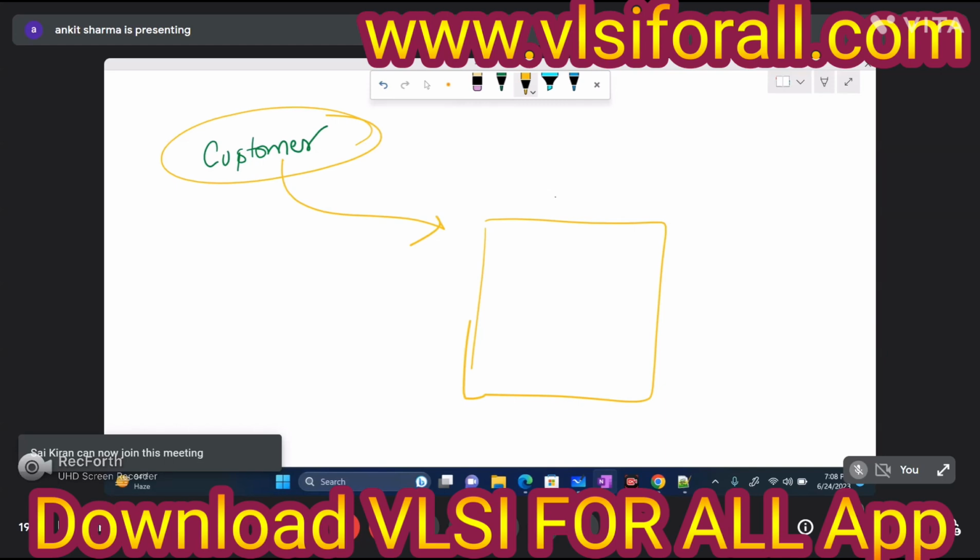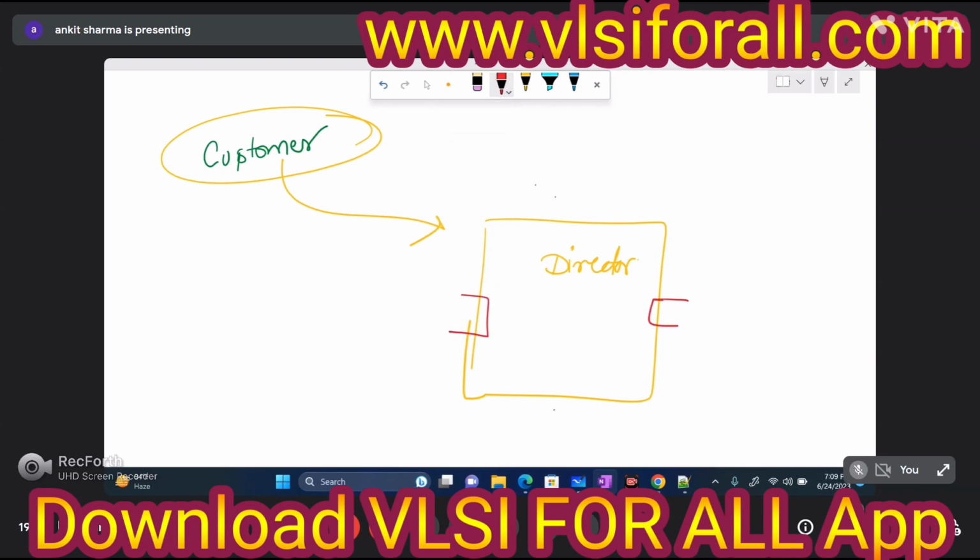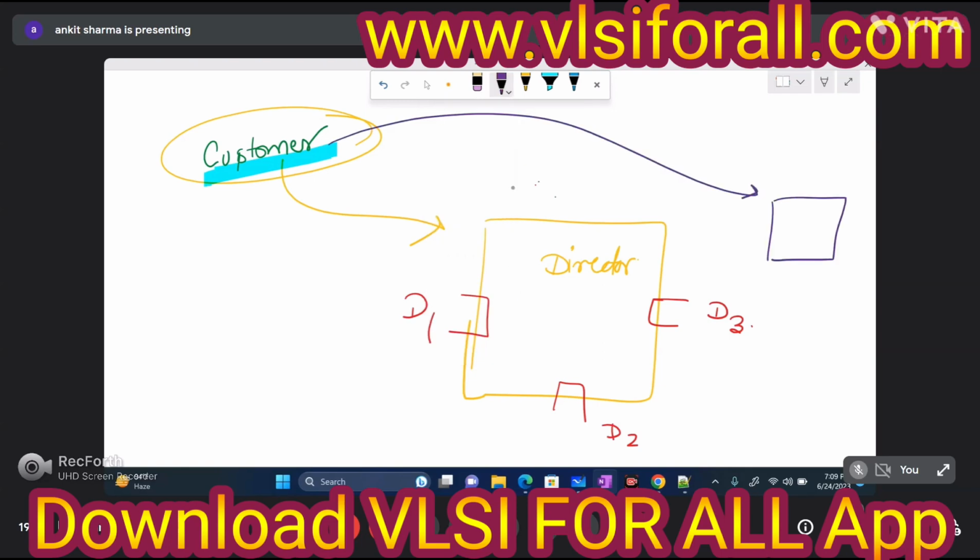The customer could be anything. Like in a company or in a building, let us suppose we have a director room. In the director room we have 3 doors: D1, D2 and D3. So who could be the customer for a digital engineer? Let us suppose a customer came to you and said, please give me a circuit. And what are the specifications of that circuit?